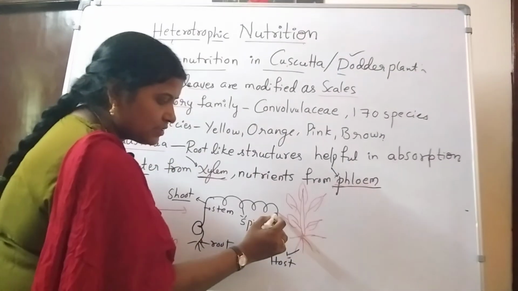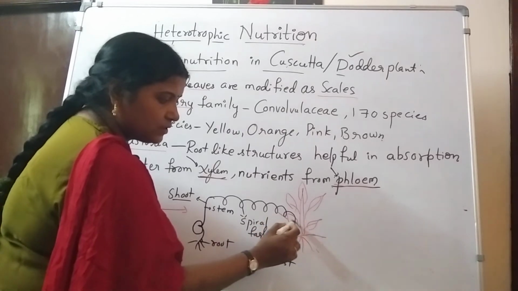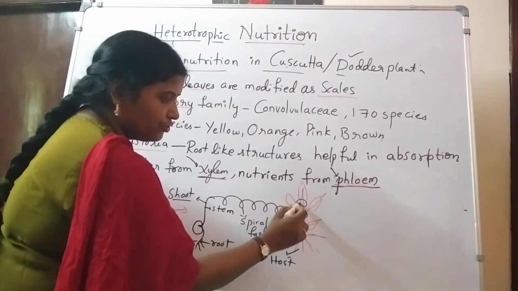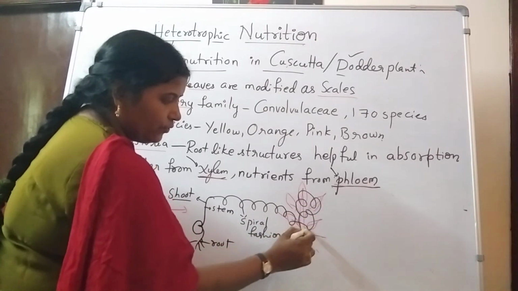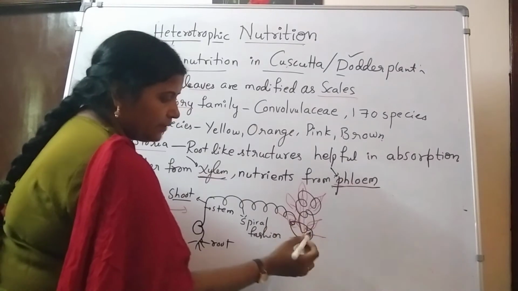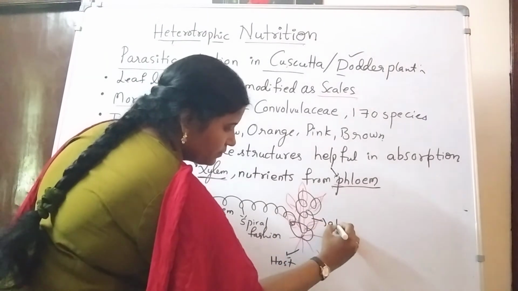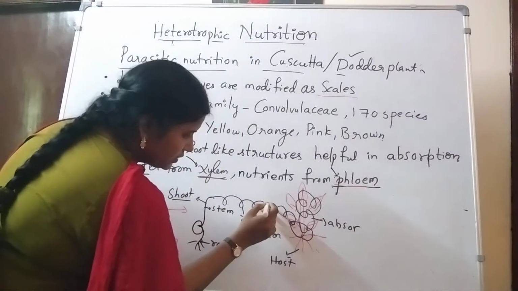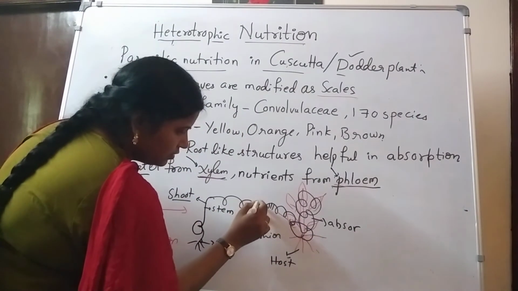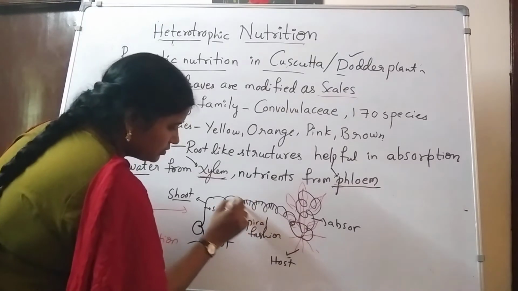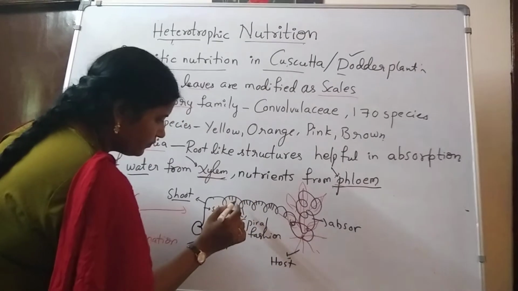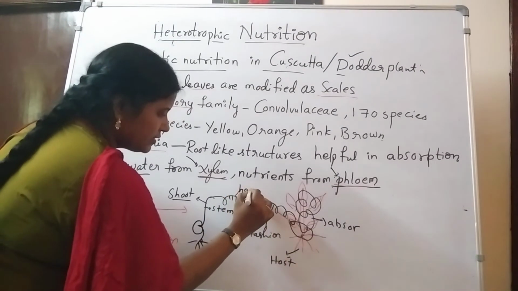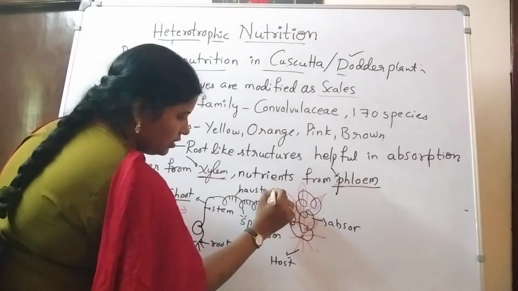Here this spiral-stemmed plant overlaps the tree and absorbs all the nutrients by haustorial structures.